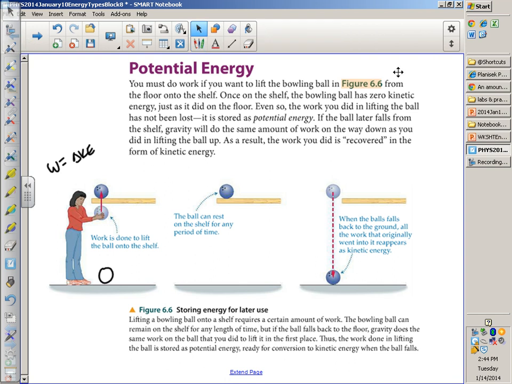0. And now that it's up here, how much does it have? Is it moving as it sits on that shelf? No. So it went from 0 kinetic energy here to 0 kinetic energy here. That doesn't seem like work based on this definition.